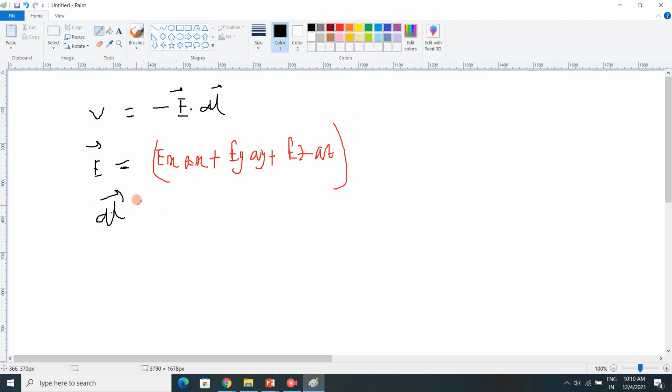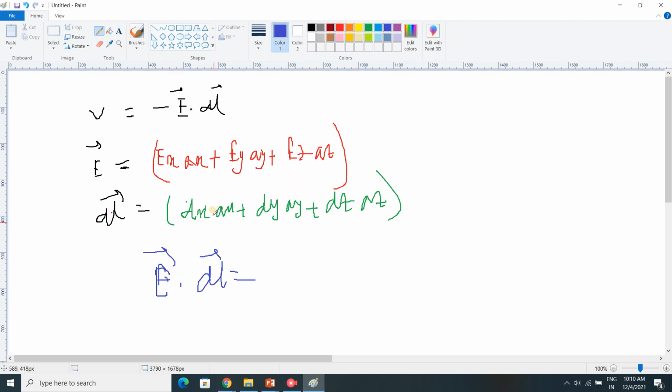And dl is also a vector, so it will be dx unit vector x plus dy unit vector y plus dz unit vector z. Now if you perform E dot dl, what happens? If you find the dot product between unit vector x and unit vector y, it will be 0.